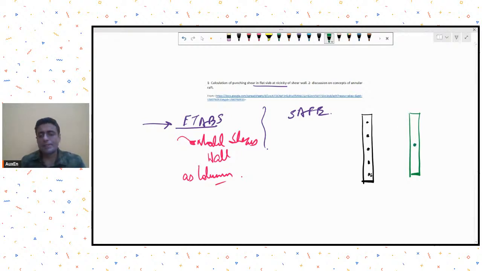So the problem in this case can be that, let's say when it was an actual shear wall that you had modeled, maybe one of the beams was getting connected over here, another beam was getting connected over here. Now with column modeling, if you replace the shear wall with a column frame element, the problem will be that it will only have a single node. So now when you want to connect this beam over here and this beam over here, how do you connect it?